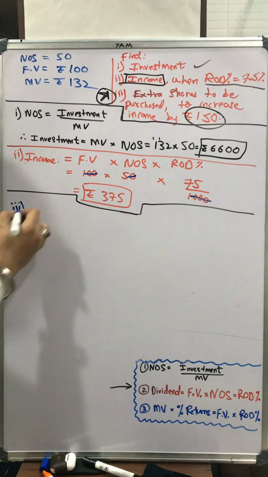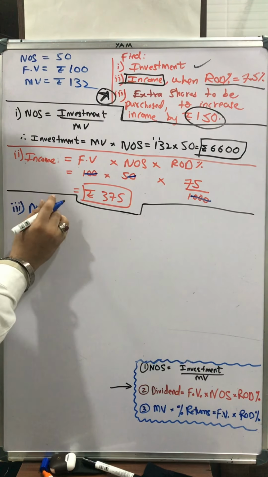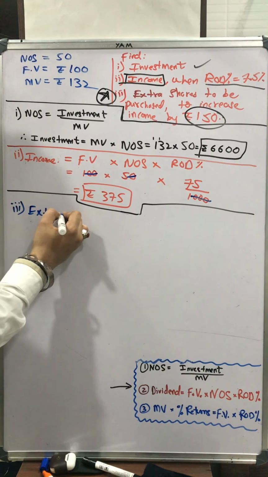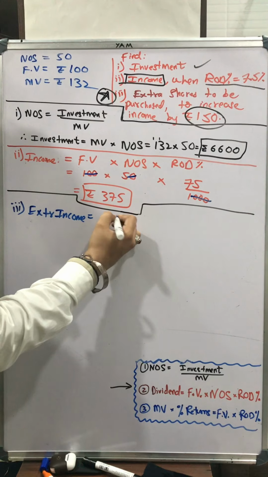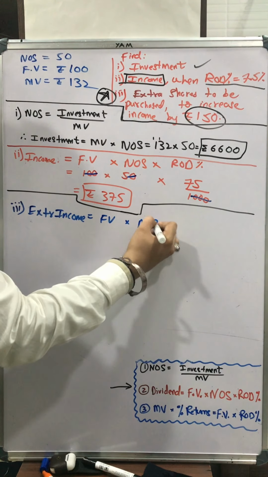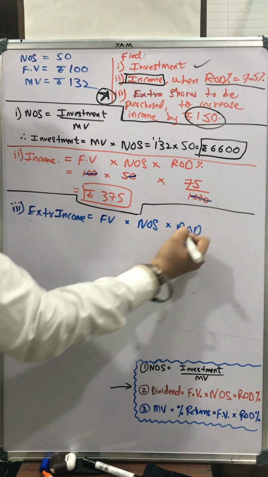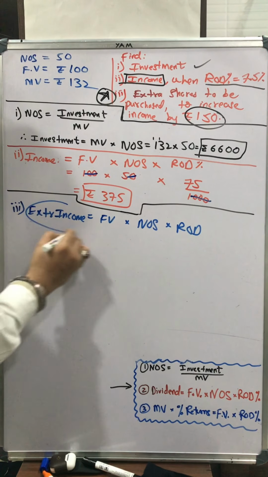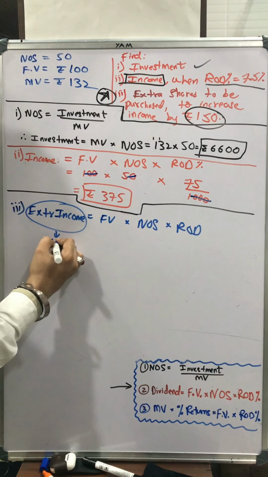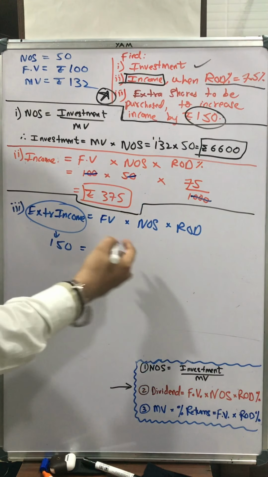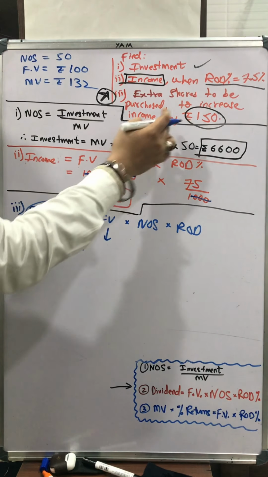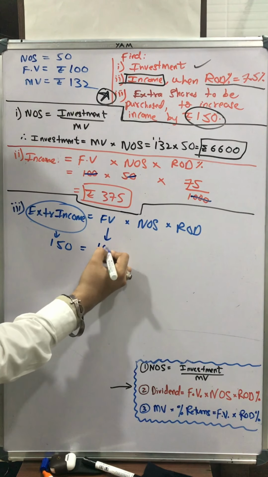Third sub question. The formula is: extra income is face value multiplied by number of shares multiplied by rate of dividend. The extra income he is obtaining is rupees 150 for X number of shares. Face value I'll write the same, it's the same company, so rupees 100.